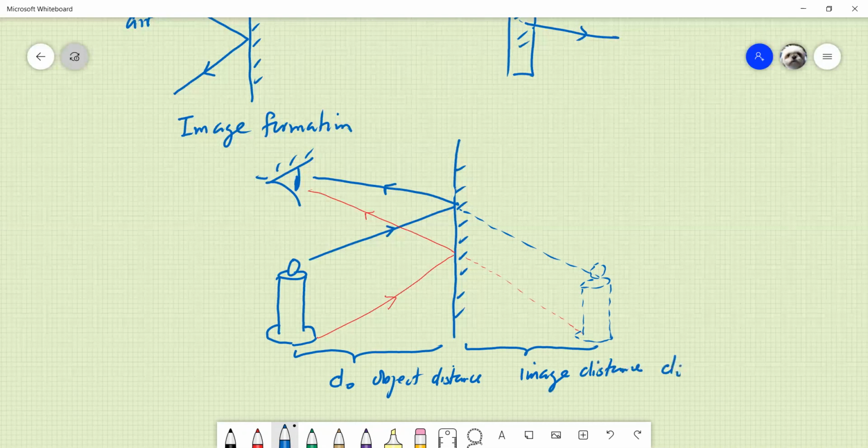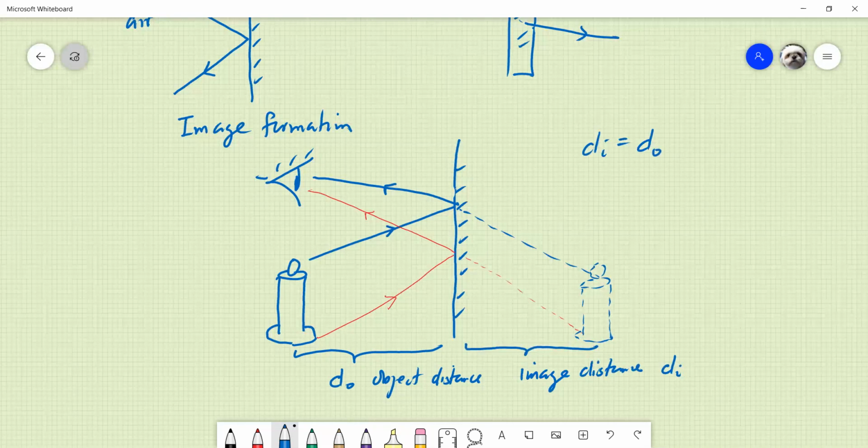Now di, right? One thing I know about the plane mirror is di equals do. Am I right? If you stand in front of a mirror, let's say 2 meters, then the image will be 2 meters inside the mirror.